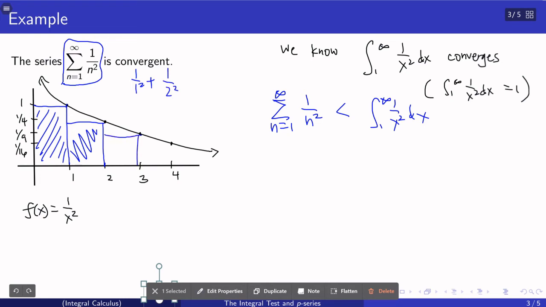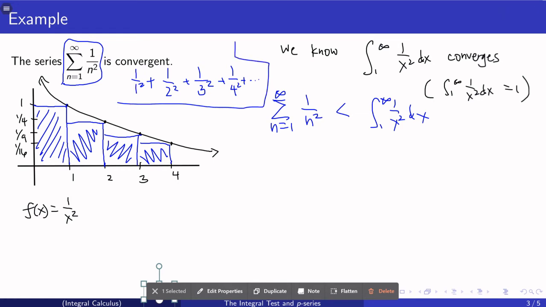Since I'm using right endpoints, 1 over 3 squared, and so on. All right, and so all my rectangles here, that's going to add up to whatever that infinite series is.